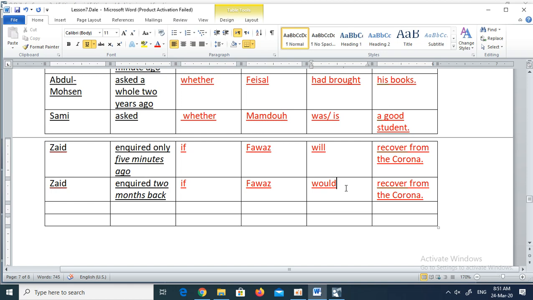So we will say Zaid inquired only 5 minutes ago if Fawaz will recover from the corona. But we will say Zaid inquired 2 months back if Fawaz would recover from the corona, and we are putting the verb in the subordinate clause further into the past because this verb in the main clause is further back in the past.